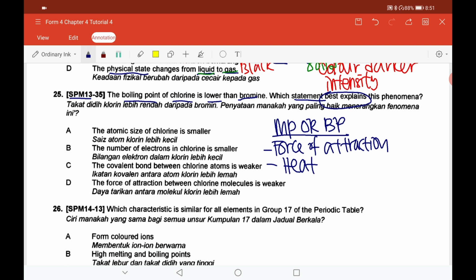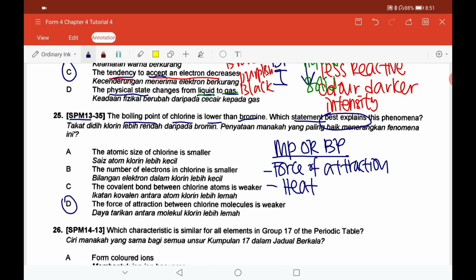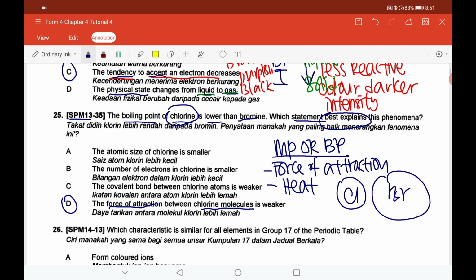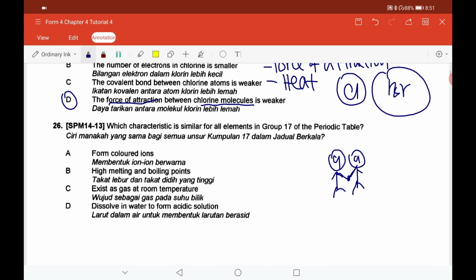Yeah, there is the answer here. So you can see D. The force of attraction between the chlorine molecules is weaker because we know that chlorine is smaller than bromine. This is chlorine and this is bromine. So when chlorine is smaller than bromine, when chlorine molecules hold their hands together, this is a weak van der Waals force.